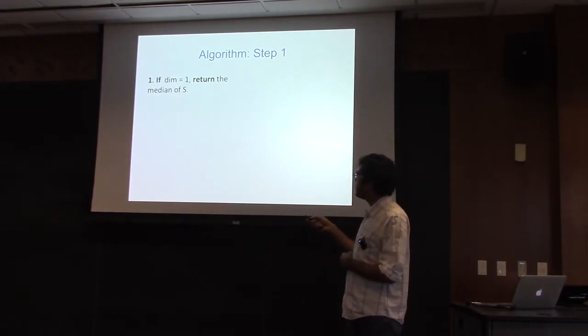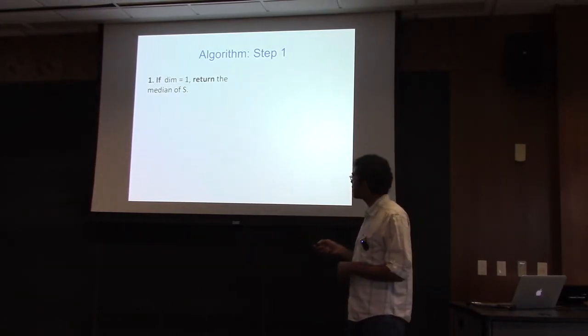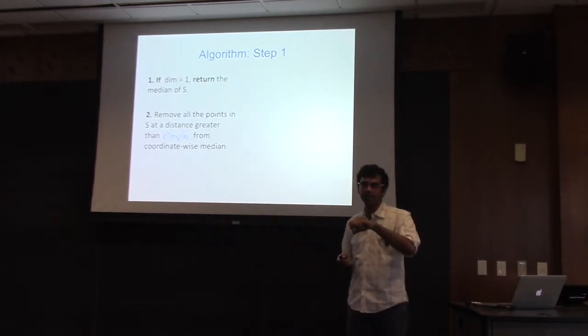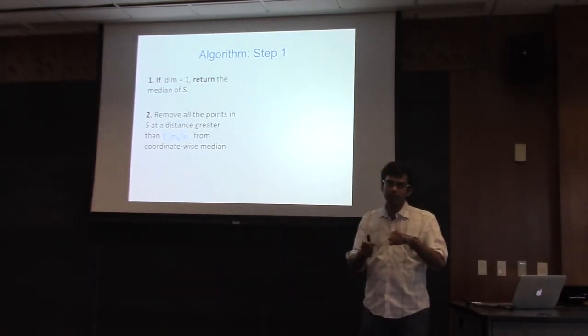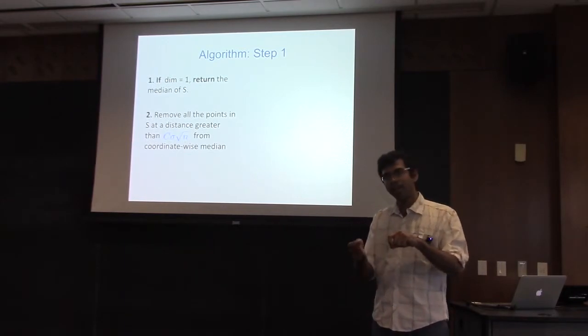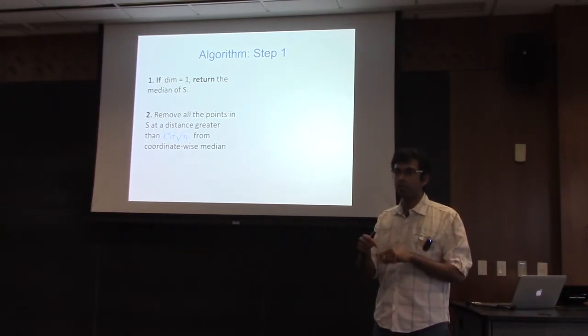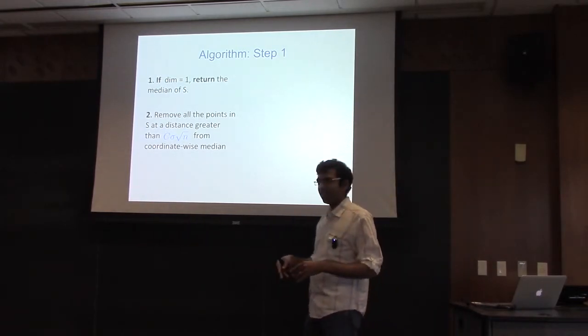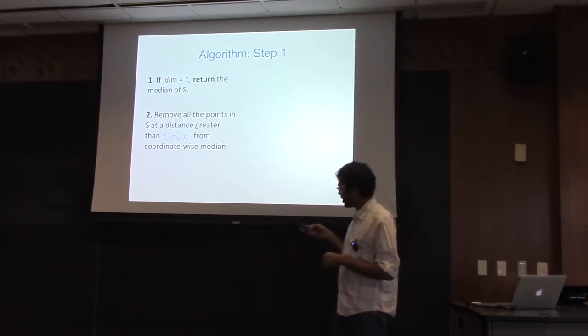So if dimension is 1, you just output the median and you're done. Otherwise, you look at the coordinate-wise median. Now, it's not a good estimator. Error is like eta times sigma times square root n. There is a square root n dependence, but it's not terrible. It's some kind of an estimate.